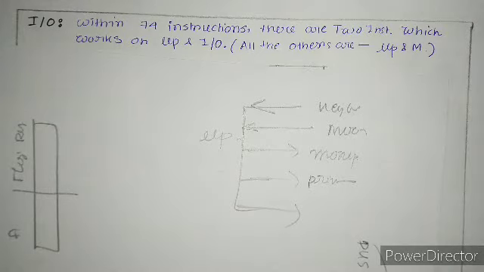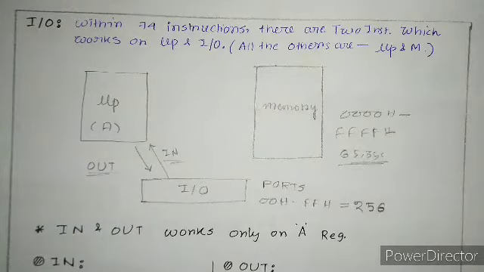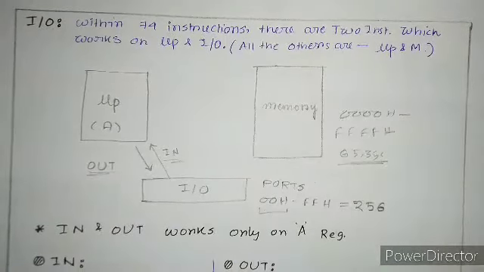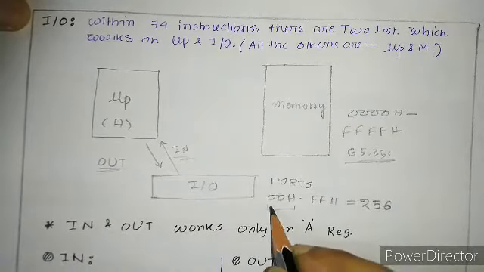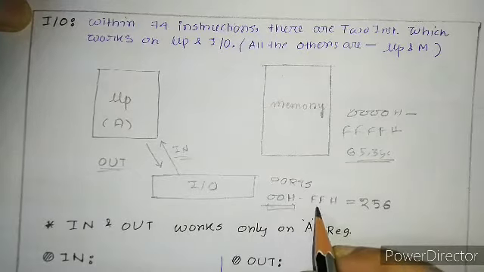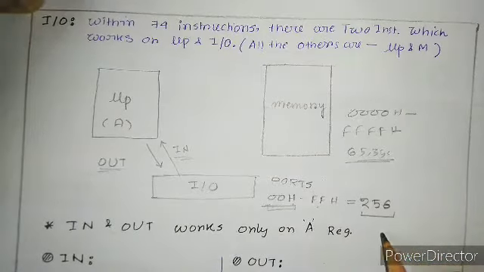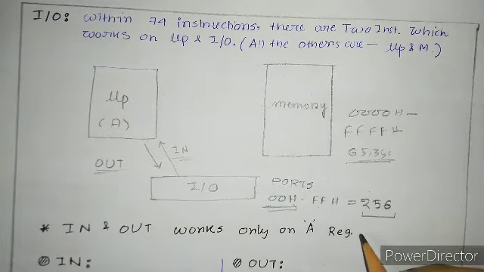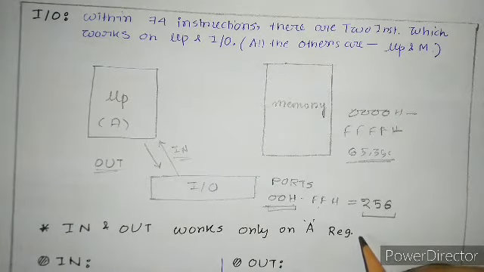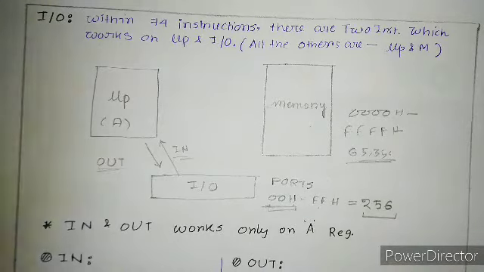First, see that the IO locations are of 8-bit size. This starts from 00H to FFH. There are 256 addresses. Though we don't have this many ports, or we don't need to connect 256 IO devices to the MUP. We have a handful of them.